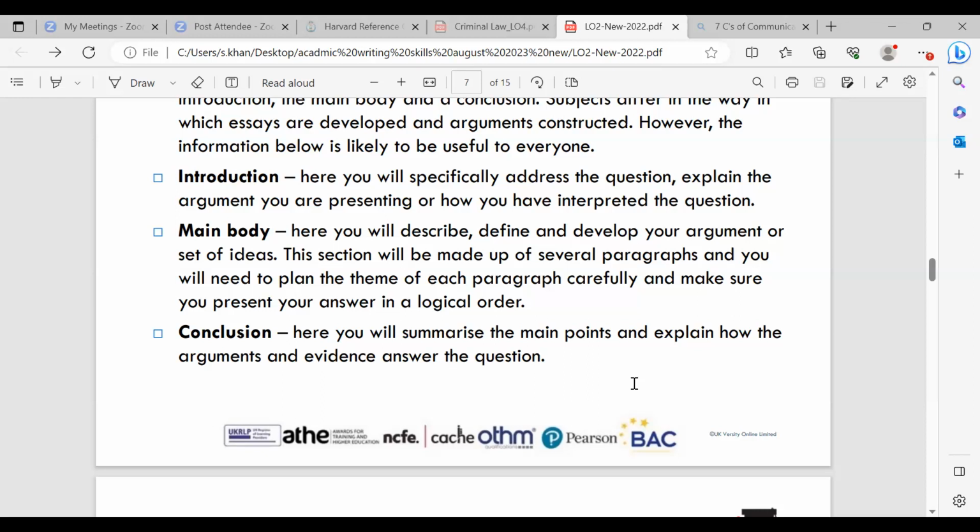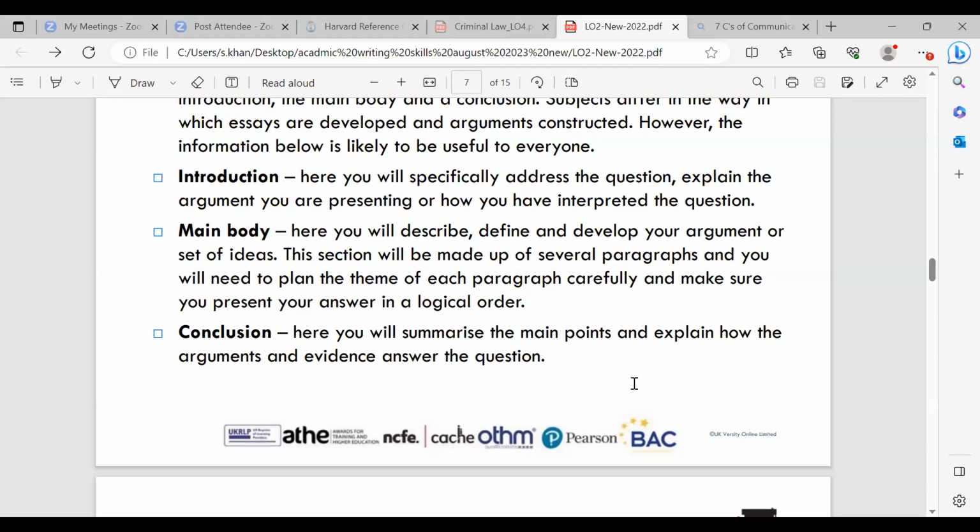So it makes sense. So the reader knows what you are introducing at the start, what you intend to do, and then at the end, that you summarize the main points and your arguments. So it's important that the reader knows this.